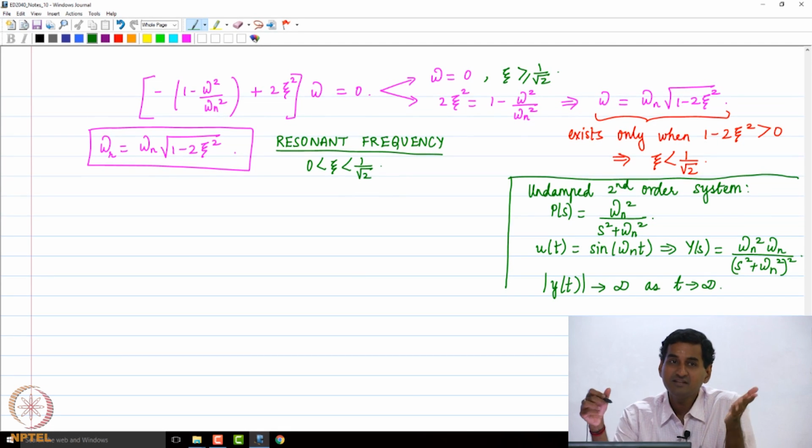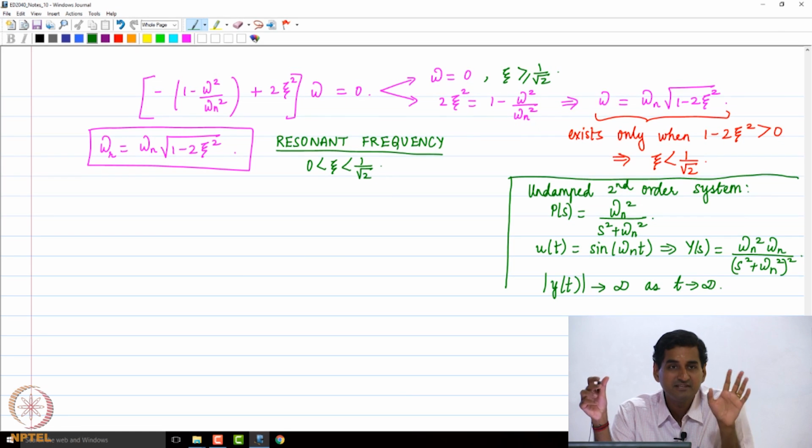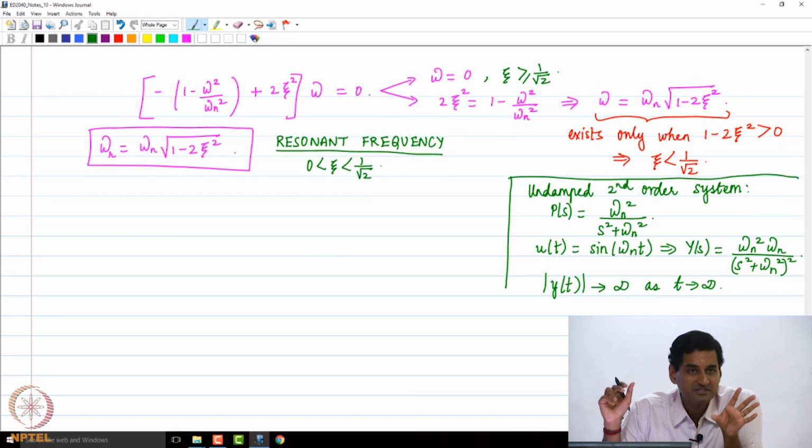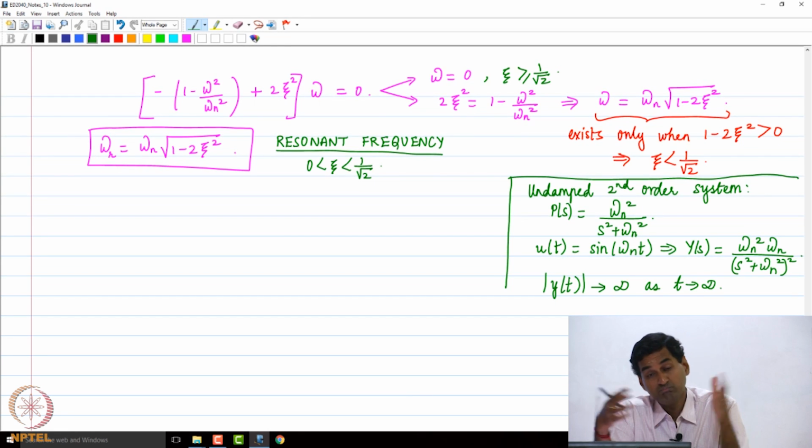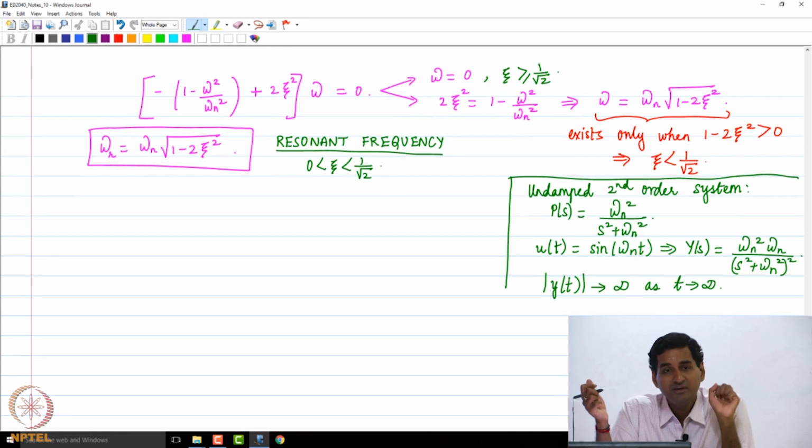So this is another visualization of a natural frequency. If you have an undamped second order system and you give an input which has a frequency equal to the natural frequency, the output will just explode to infinity. That's natural frequency. That was the first term.